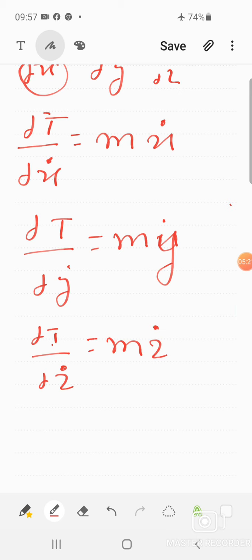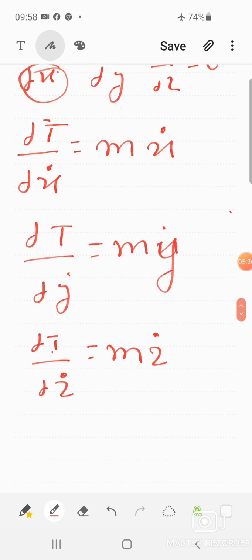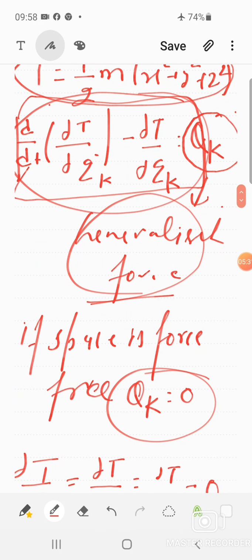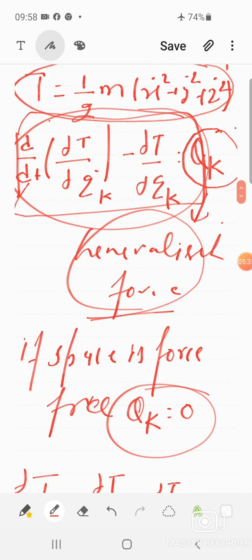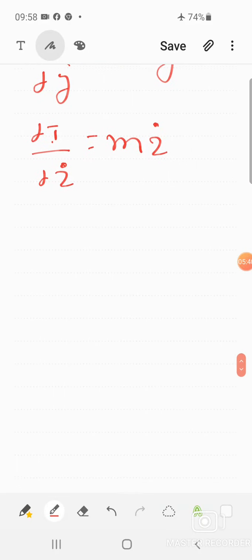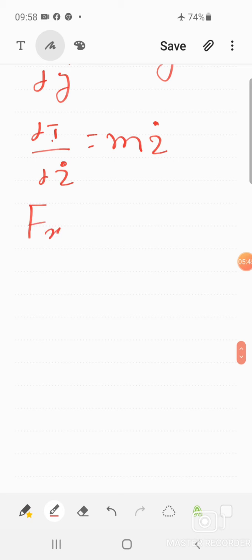Then putting these values in the Lagrange equation written above, this general Lagrange equation in the generalized coordinates, putting the value of k here, let Fx, Fy and Fz be the generalized forces along the x, y and z axis respectively.